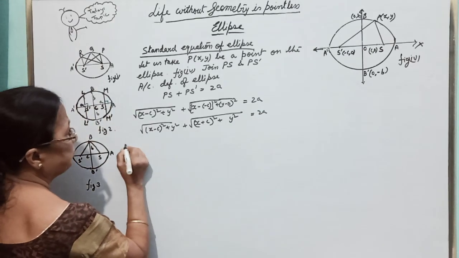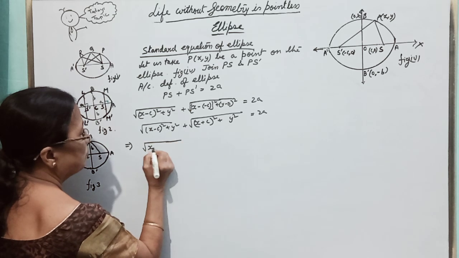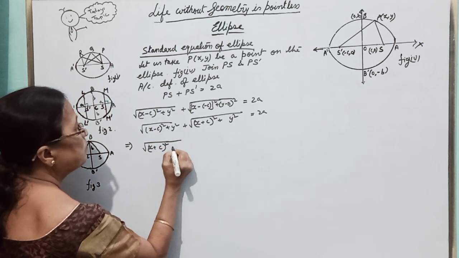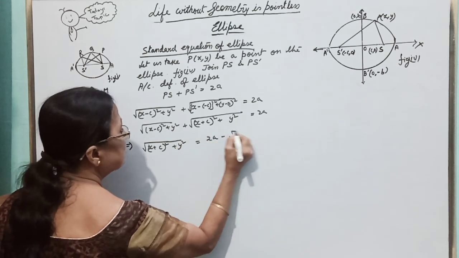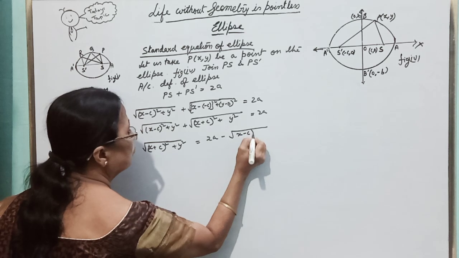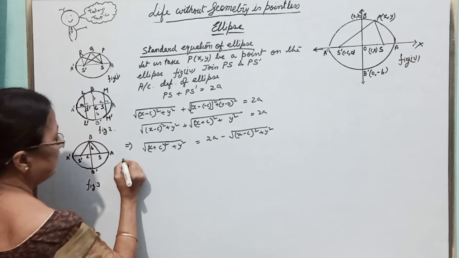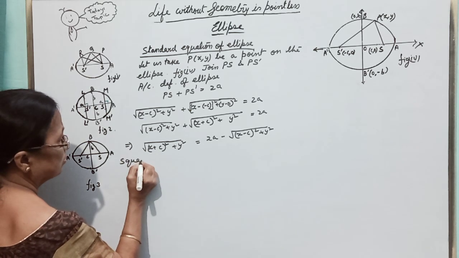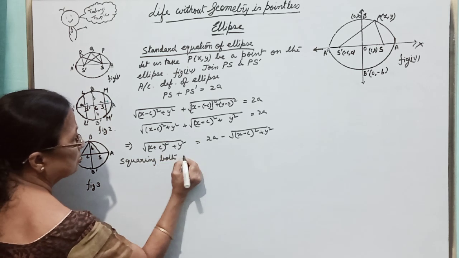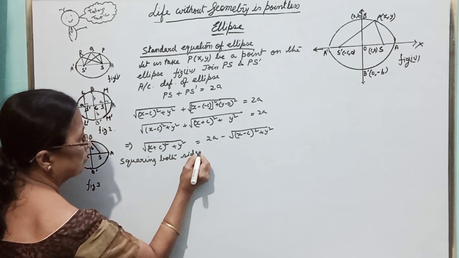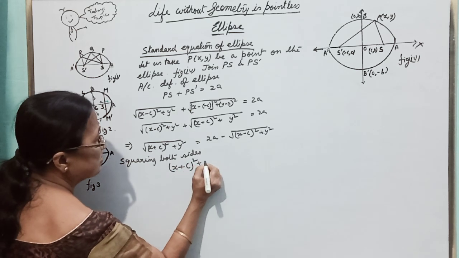Now I can write under root x plus c whole square plus y square is equal to 2a minus under root x minus c whole square plus y square. Squaring both the sides, this is x plus c whole square plus y square.